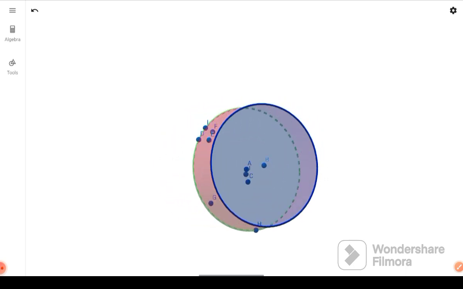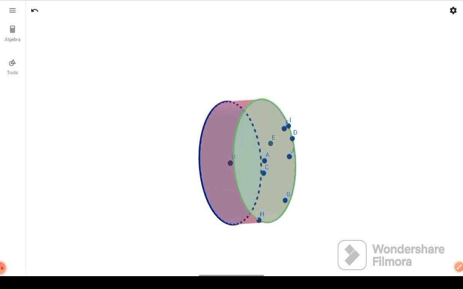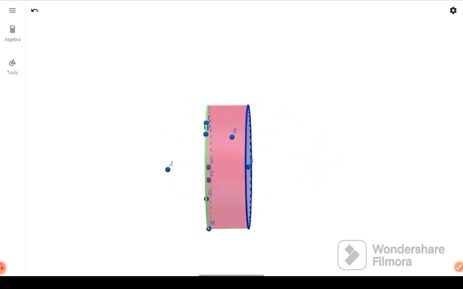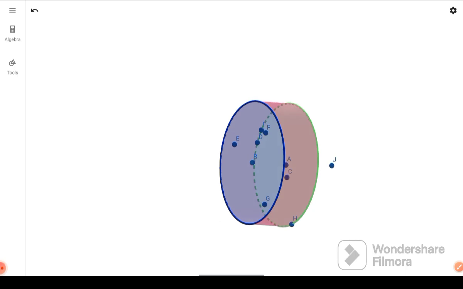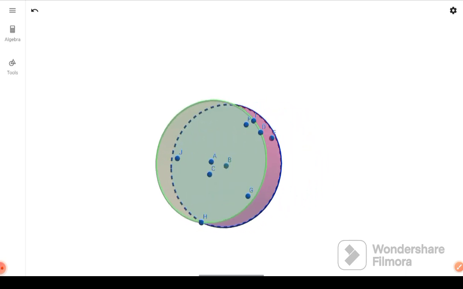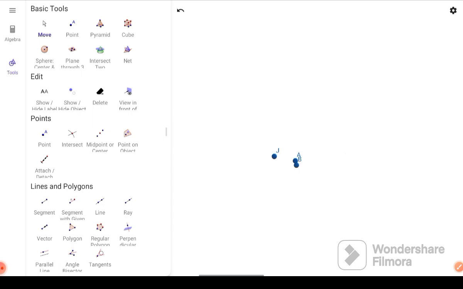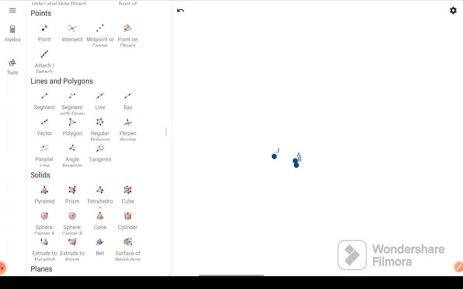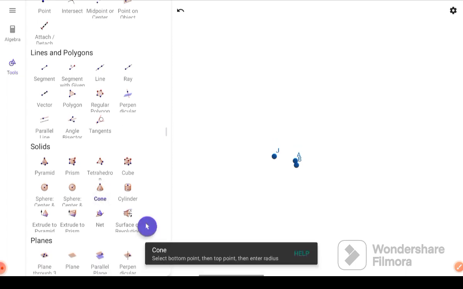So that your surface area and volume chapter will be completely practiced. Fine. Okay, now coming to the next figure, that is cone. Okay, so take a cone. Yes, all right.